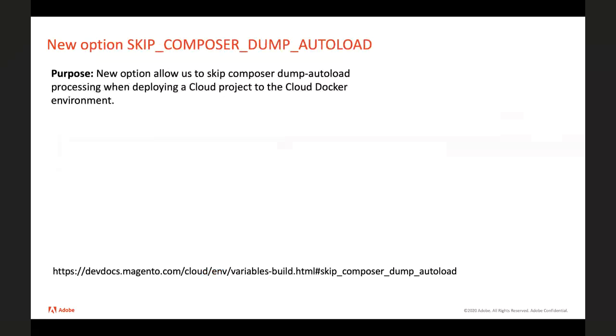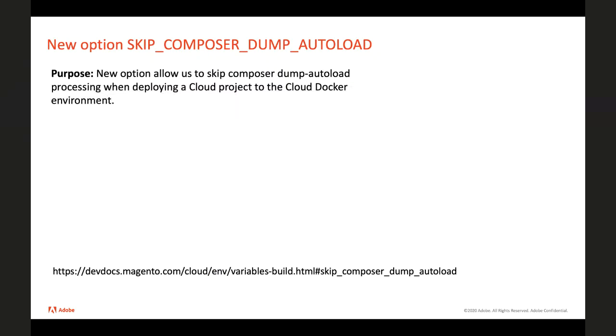The next new option is composer dump auto-load. We added this option to skip composer dump auto-load processing when deploying a cloud project to the Cloud Docker environment. There are some issues around it if you use Docker. When Magento runs composer dump autoload, it creates autoload files with links to generated classes in the generated folder. In a production environment with a read-only file system, this is not a problem.